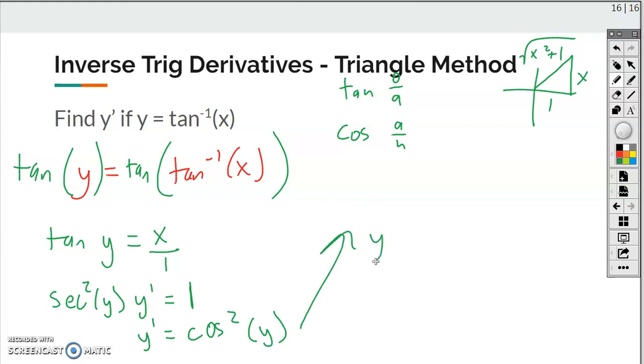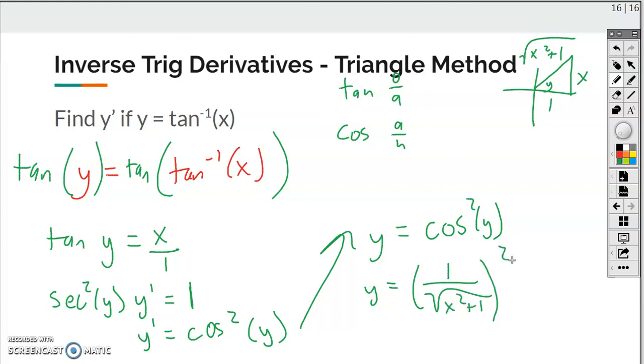So y prime, in my picture over here, the angle is y. So adjacent is 1, hypotenuse is the square root of x squared plus 1. So cosine squared means I'm going to do adjacent over hypotenuse squared.